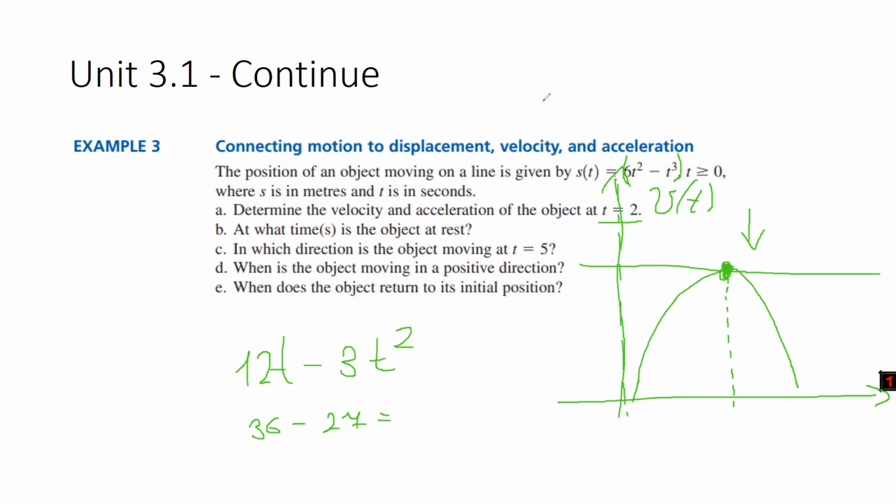So to find when the object is moving in the positive direction, we need to find when direction changes, right? And when direction changes, when the sign of the derivative changes, right? So what would be the derivative of the function of displacement?